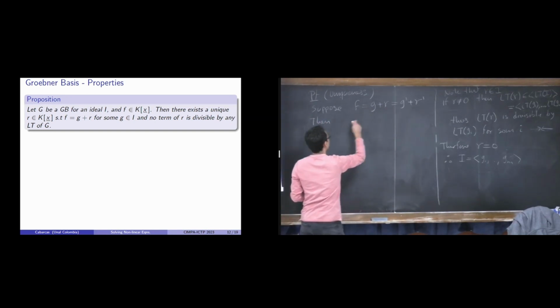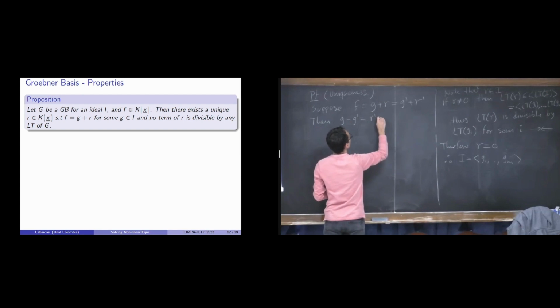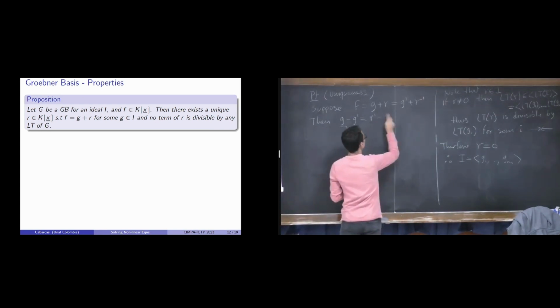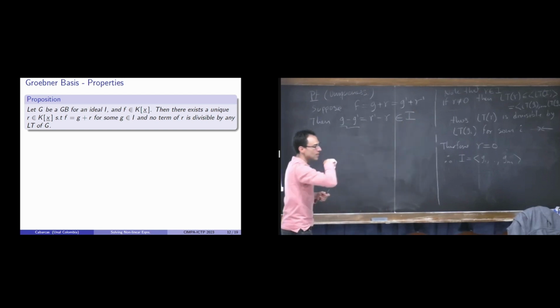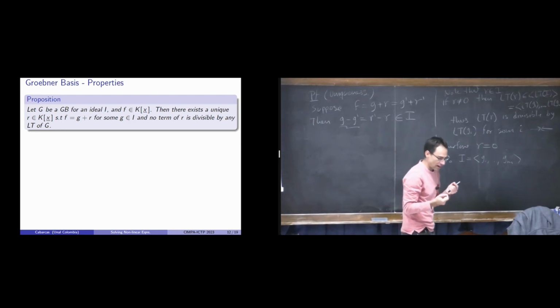we can subtract to get G minus G prime equals R prime minus R. G minus G prime is an element in the ideal, and therefore R prime minus R is an element in the ideal. But we know that the G_i are a Groebner basis.